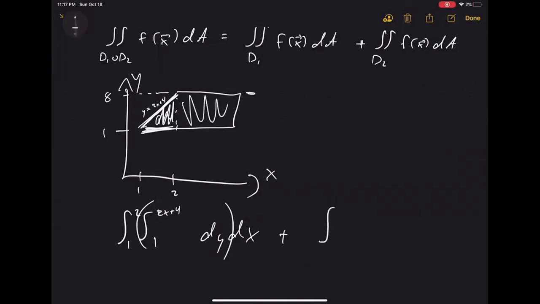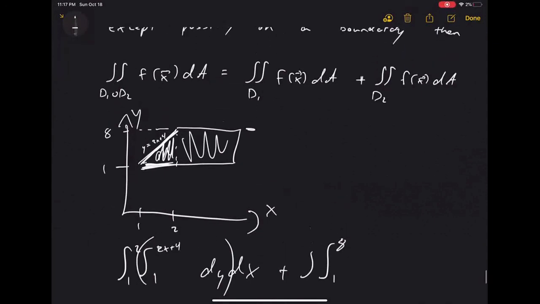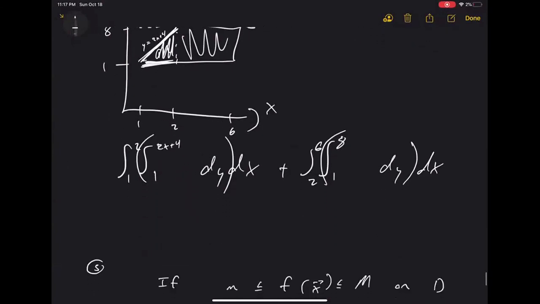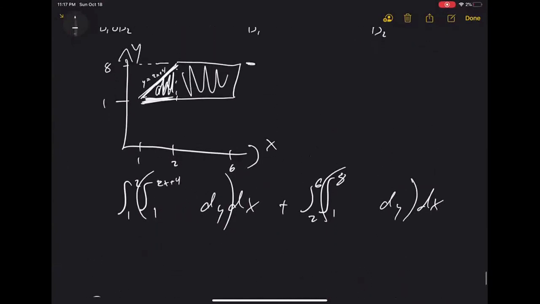So my y bounds would be what? 1 to 8, because this upper line is 8. And then my x bounds would be from 2 to whatever this line is. Let's call it 6. Okay. And then I just integrate whatever my function is on these two separate integrals and add them together, and I get my final answer.